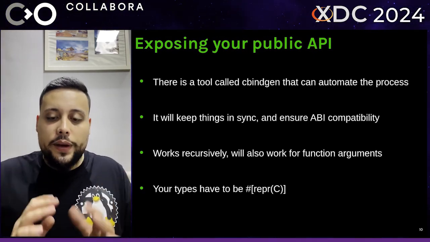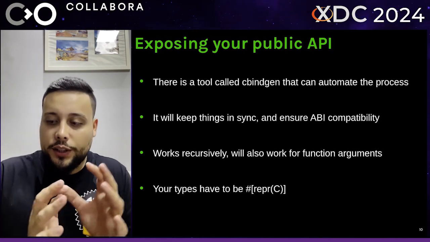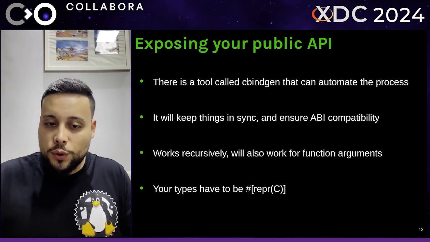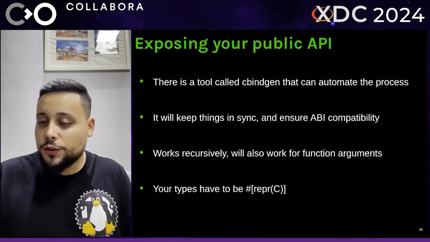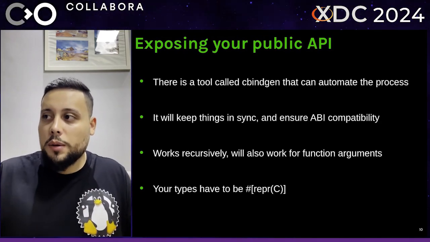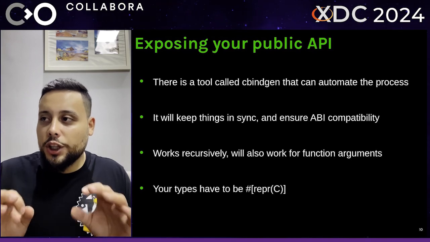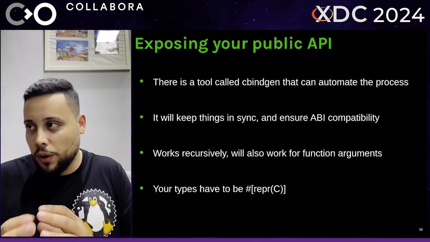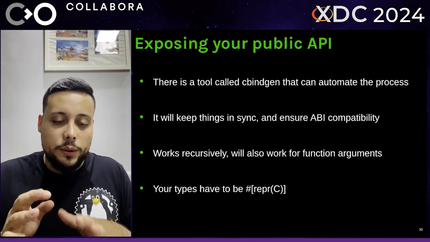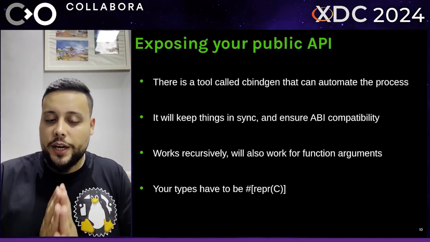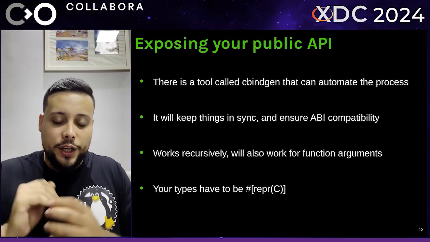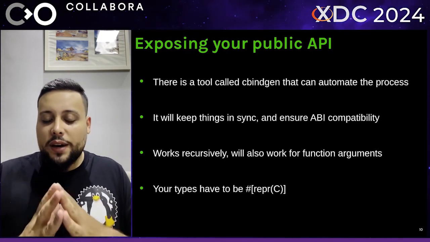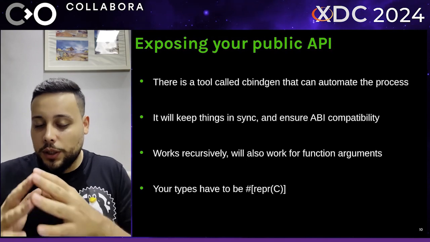And the good thing about it is that it works recursively. So if it sees that your function now takes a pointer to a struct foo, or in Rust terms, a reference to a struct foo, it will be like, wait a moment, what's a struct foo? I should generate an equivalent C version for struct foo as well. And the reason why cbindgen can generate an equivalent version is because for each and every type that we want to exchange between the two languages, we have to annotate them with repr(C) on the Rust side.